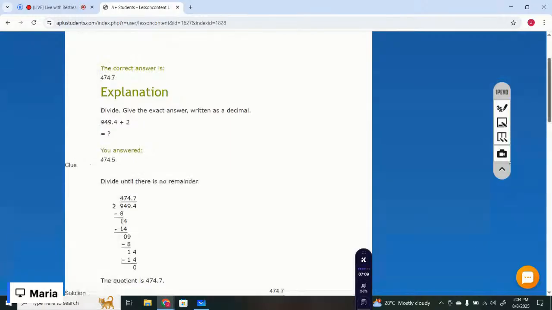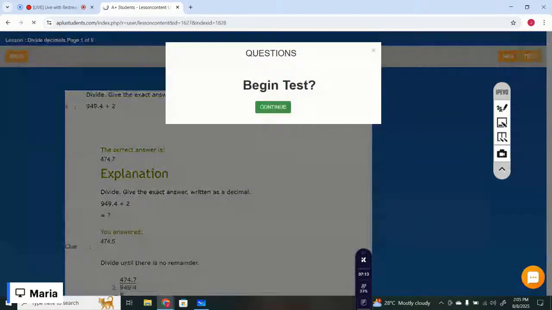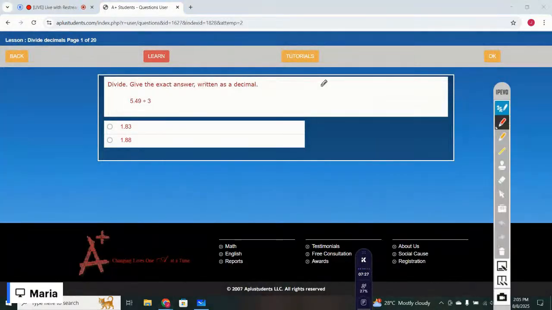Let's just start with the test questions. Divide 5.49 divided by 3. 3 times 1 is 3. 5 take away 3 is 2.